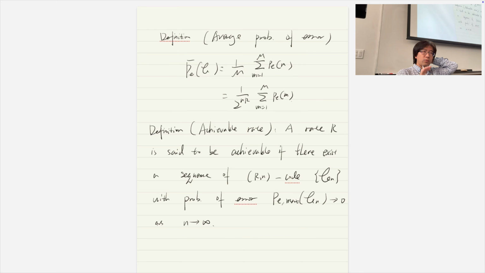Then we need to see what is the capacity of the channel. Basically, the achievable rate tells you how many bits you can transmit, or if it's not binary, some other symbols. So this means how much information we can transmit over the channel without any error. We don't know yet whether that is possible.